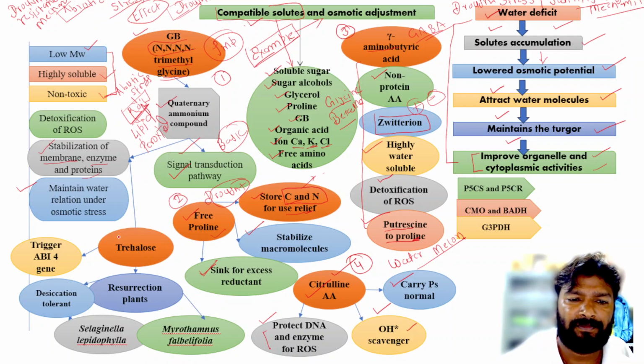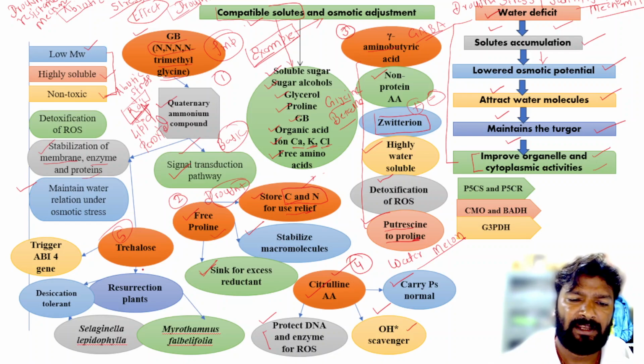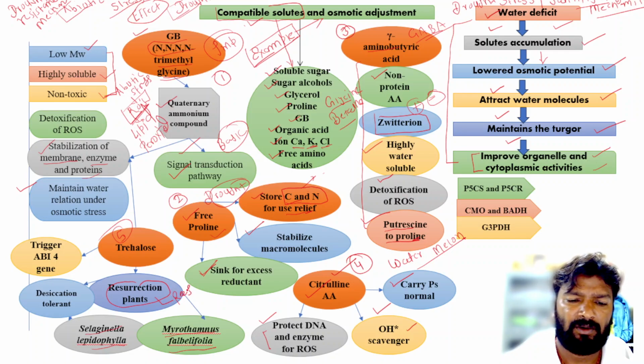Now come to the fifth one, that is trehalose. It is also a very important osmolyte and generally produced in resurrection plants. The examples of these resurrection plants are Selaginella lepidophylla and Myrothamnus flabellifolia. So these are two important examples of resurrection plants.